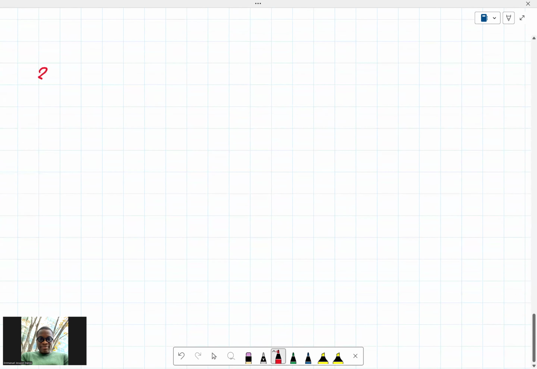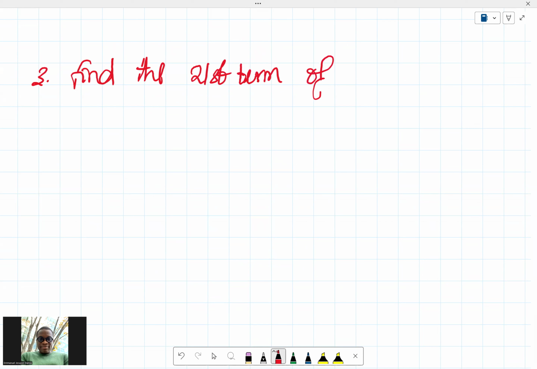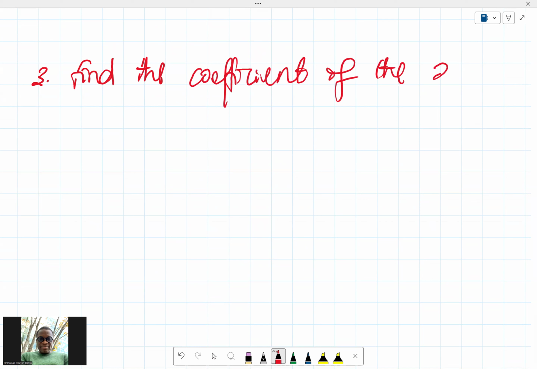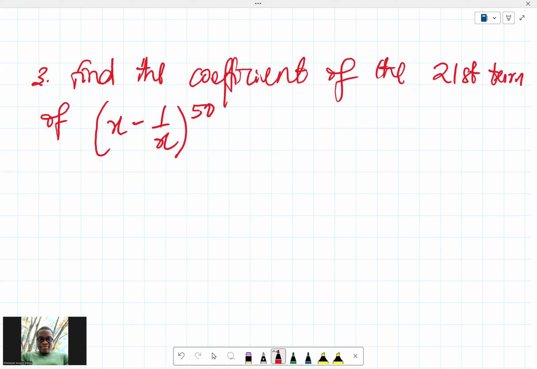Let me do an example 3 and say, find the coefficient of the 21st term of x minus 1 over x raised to power 50. Imagine. Maybe that's too large. Let me use a number that is manageable.